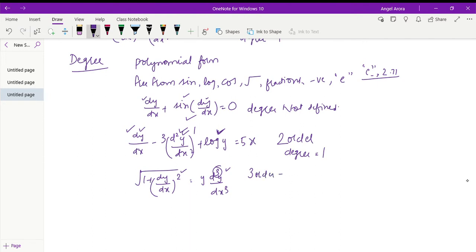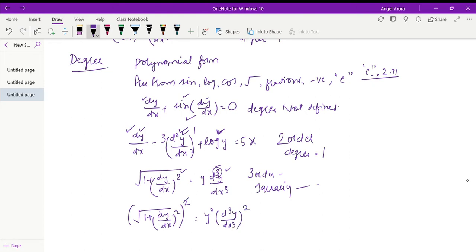And what will be the degree? Now this term involves a radical sign, the square root sign, so we can convert this into polynomial form. How? By squaring both sides. If I square the left hand side and the right hand side, we get 1 plus dy upon dx whole squared, and the right hand side will also be squared.